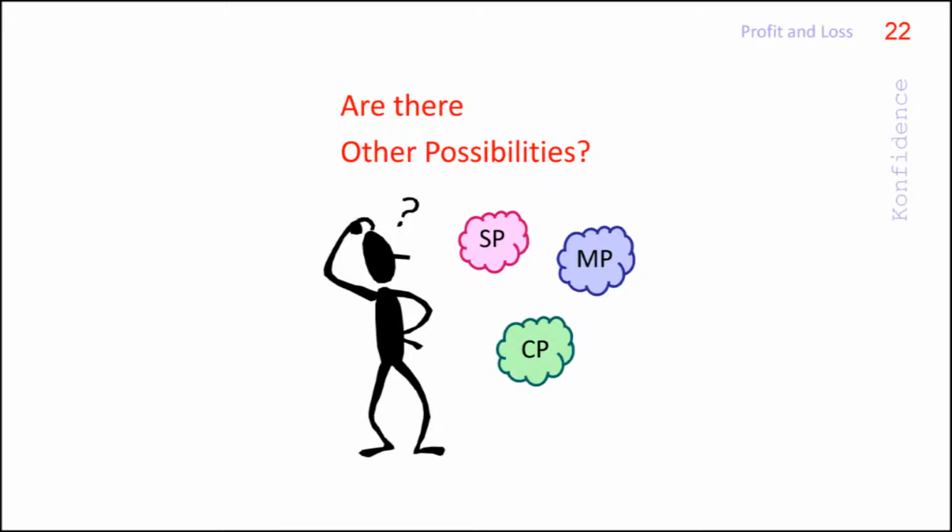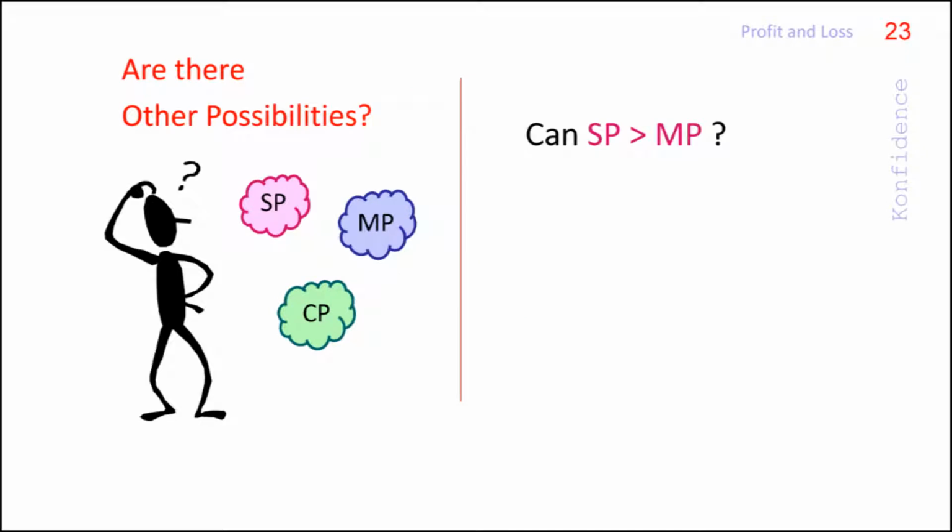Is there any other possibility involving these three where the transaction remains profitable? That is one thing we need to think about. Is there a possibility that SP is greater than MP?